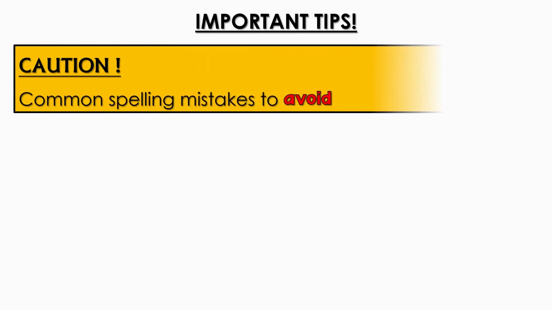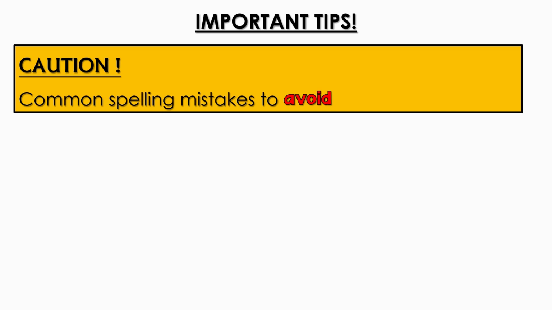When doing this exercise, there are some important tips that I'd like you to keep in mind. Take caution of spelling mistakes. There are certain common spelling mistakes that you will want to avoid, because if you make these spelling mistakes in subjective questions or paper 2 questions, you are going to lose marks.